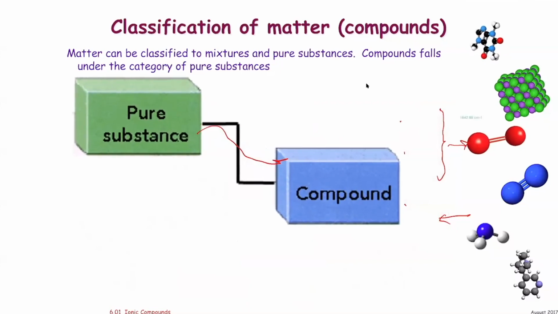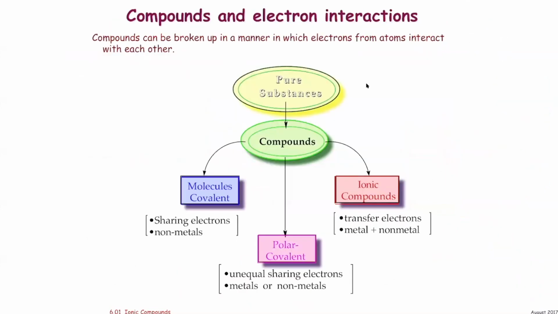Okay, so that's the category of compounds that we're going to be taking a look at, and this is again how we classify them. This is electron transfer, when an electron goes from one atom to the other. And this is electron sharing, but sometimes it's not sharing equally. Sometimes one atom is stingier than the other.